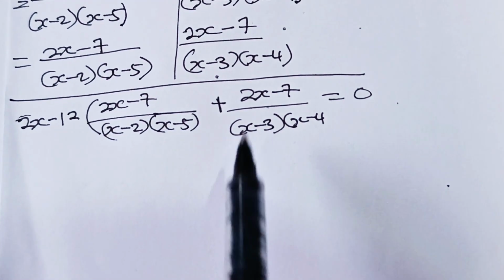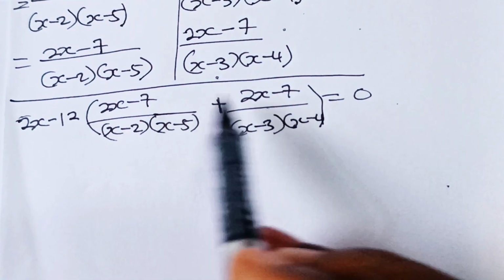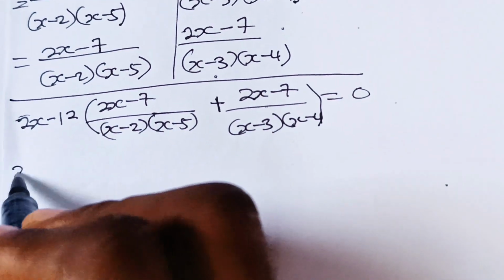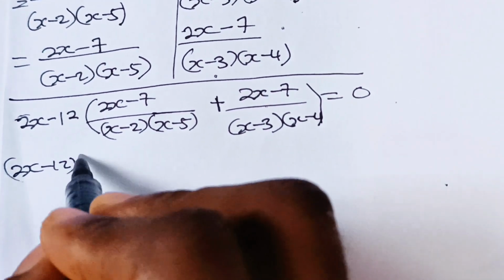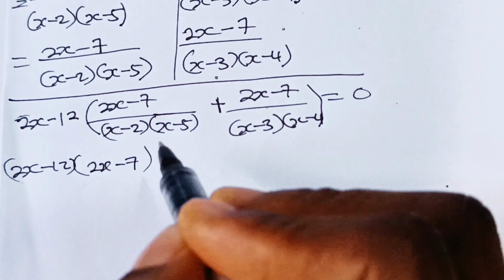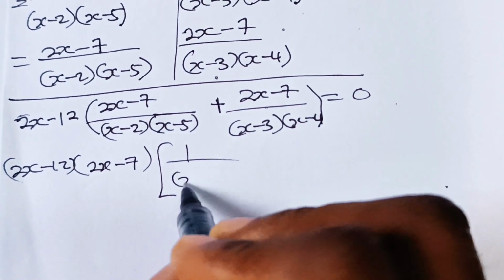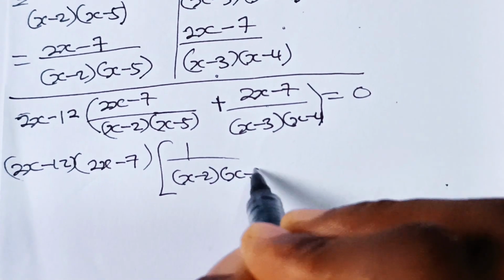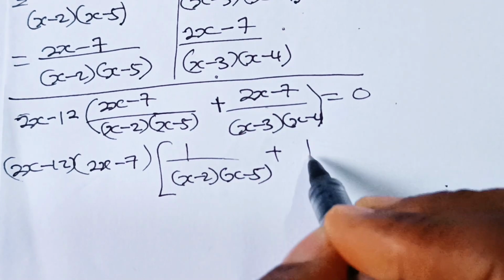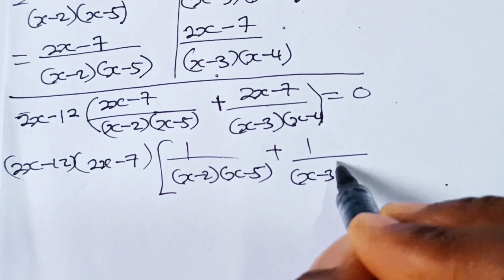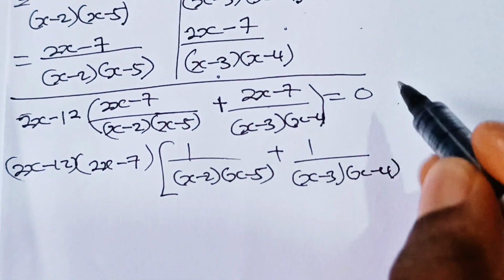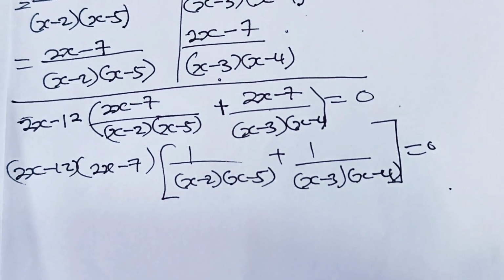Okay, now let's continue. So we have the same numerator here. We can still factorize it out. So now we have 2x minus 12 multiplied by 2x minus 7, open bracket, 1 over x minus 2 bracket x minus 5 plus 1 over x minus 3 bracket x minus 4, and this is equal to 0.